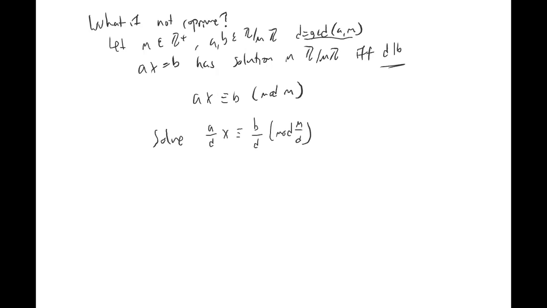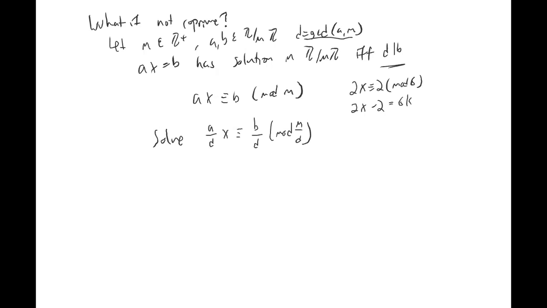So for example, just to convince you, if I'm solving something like this, what does this mean in terms of actual integers? It means 2x minus 2 is some multiple of 6, right? Because if I subtract 2 on both sides, I get 2x minus 2 is congruent to 0 mod 6, and that just means 6 divides it. So let's divide by 2.